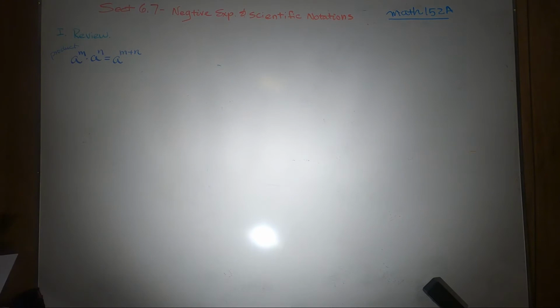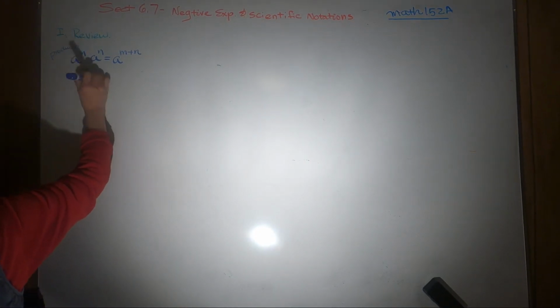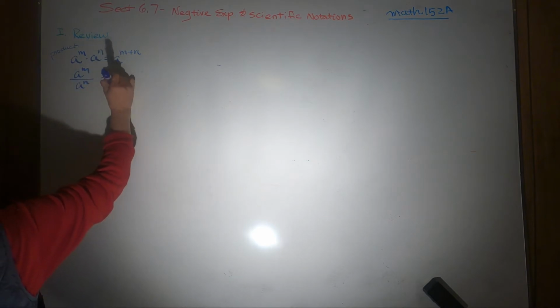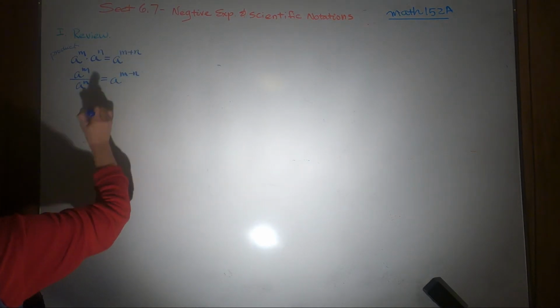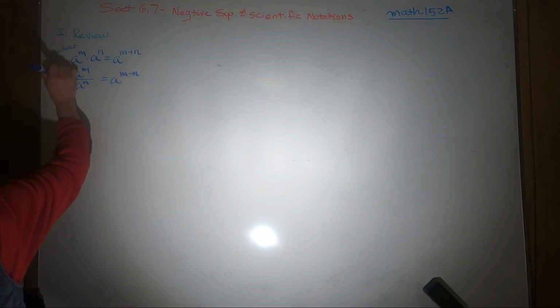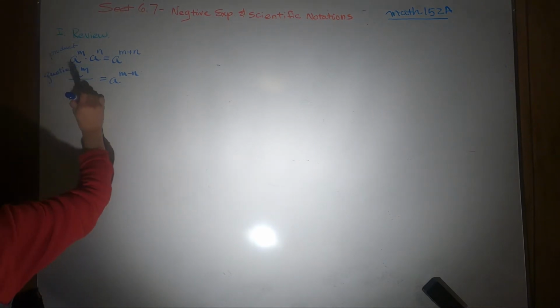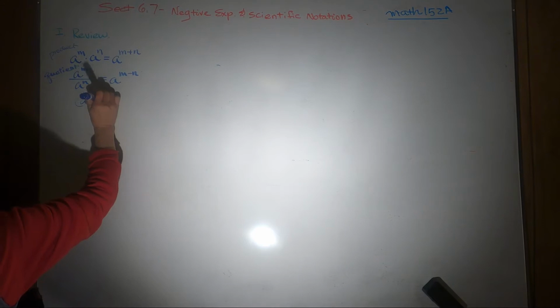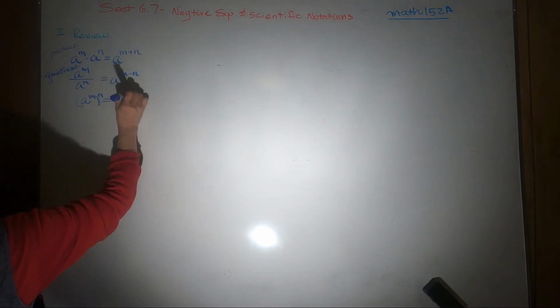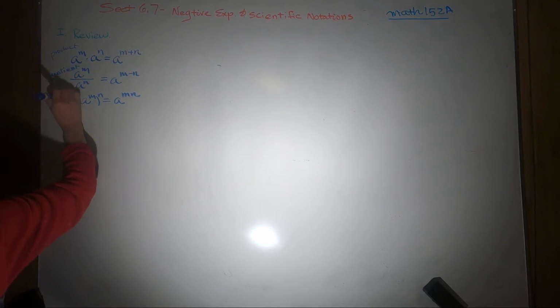You add your powers. If it's a division, one term divided by one term, you subtract your powers, right? We call it quotient property. And another one, power on power, same base, right? We multiply our power. We call it power property.